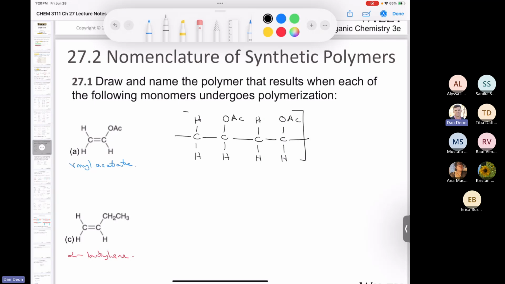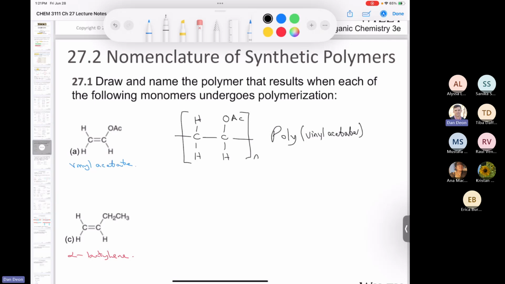So now we're going to put a square bracket around both ends, and we're going to put an N like that. But again, if you had stopped here and just put an N like that, it's totally fine. And say poly, and since it's 2 words, you use a bracket, polyvinyl acetate, close brackets, done.